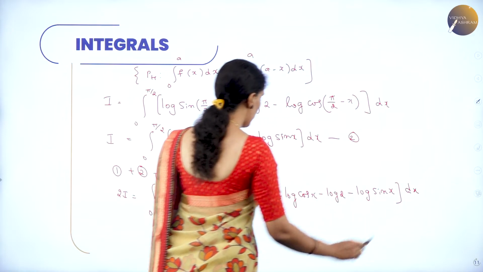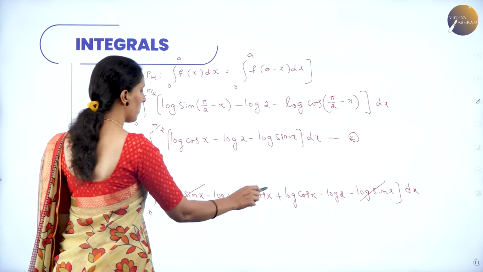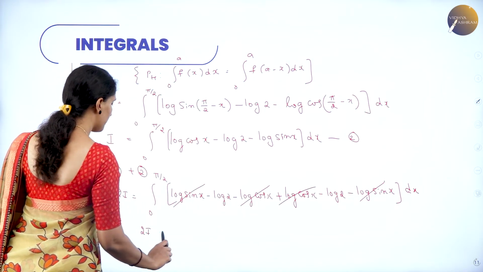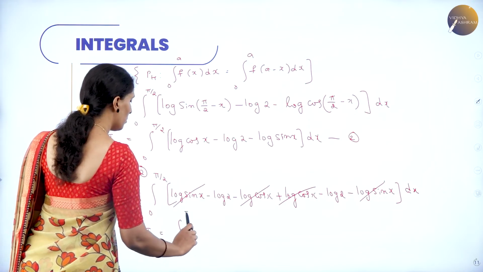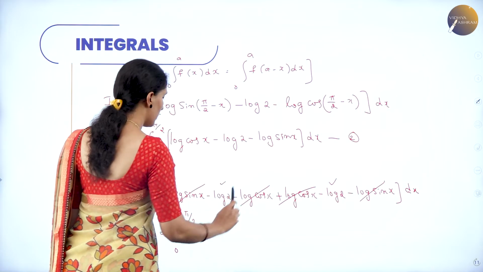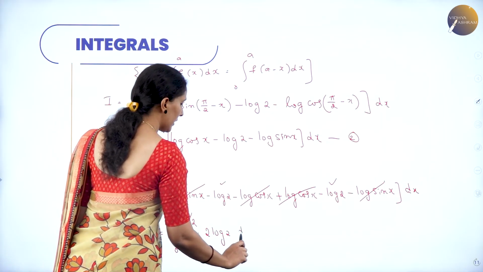So you can clearly see log sin x minus log sin x, and minus log cos x plus log cos x cancel. So we have 2I equal to integral 0 to pi/2 of minus log 2 minus log 2, which becomes minus 2 log 2, dx.